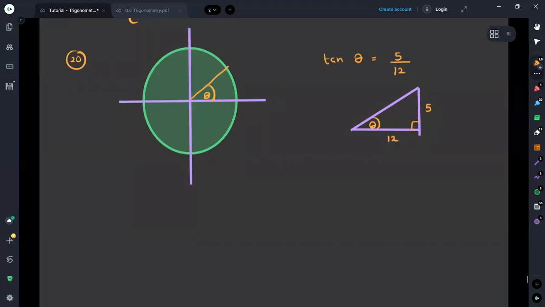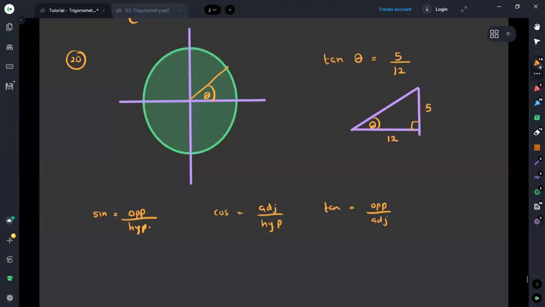What we have discussed was sine theta equals the opposite side divided by the hypotenuse. Then cosine theta was discussed as the adjacent divided by the hypotenuse, and tangent theta is considered as the opposite side divided by the adjacent side.